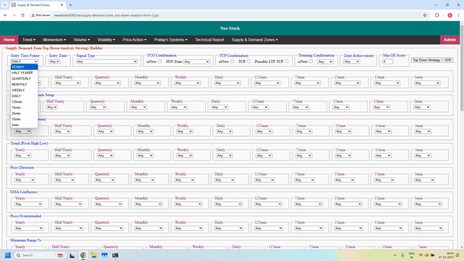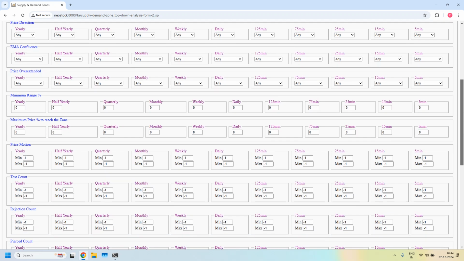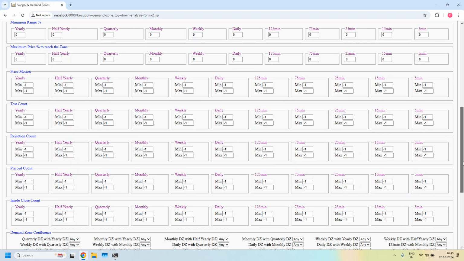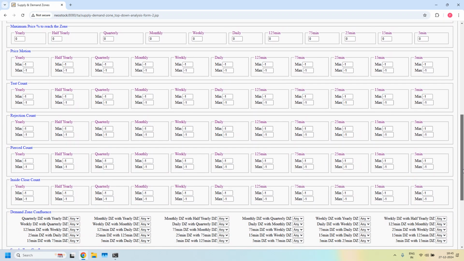So for weekly time frame, LTF and ITF demand zone confluence. Let us assume weekly is the LTF. ITF is monthly. So let us look for a weekly demand zone having a monthly demand zone confluence.